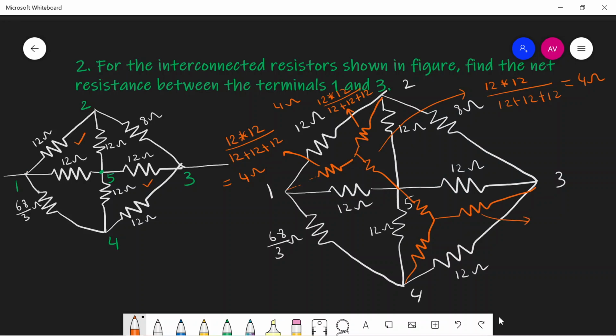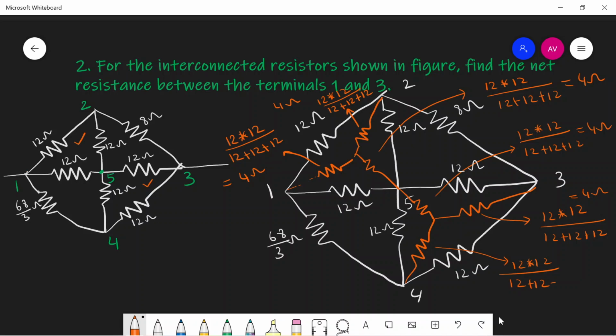For this, 12 into 12 by 12 plus 12 plus 12, 4 ohm. Even here 4 ohm. This is also same, 12 into 12 by 12 plus 12 plus 12, that equal to 4 ohm. Okay, let us redraw the figure now.